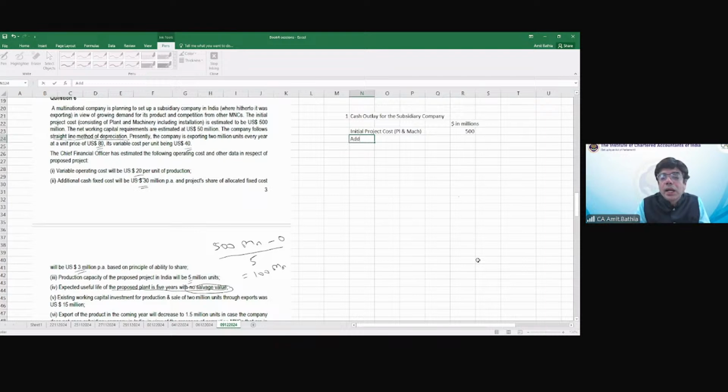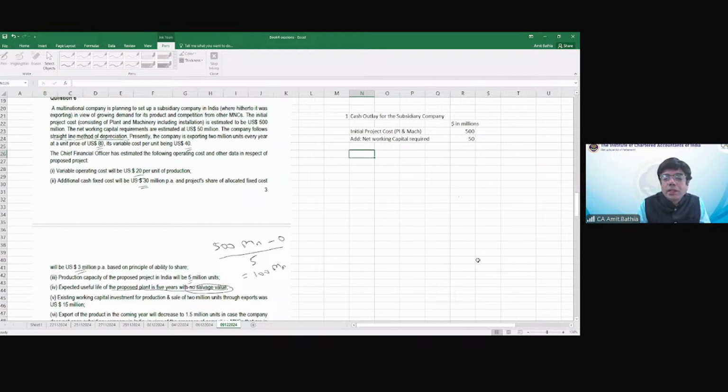To that I will add net working capital required, which is 50.